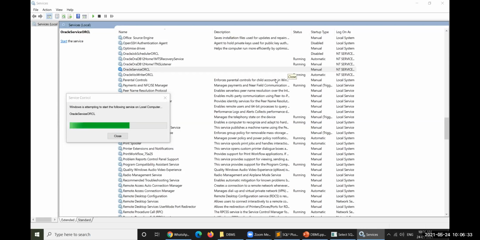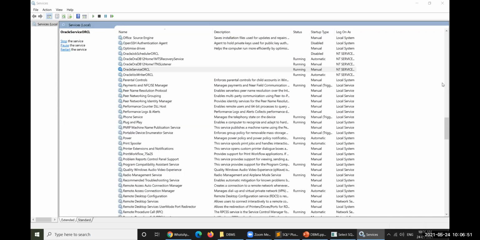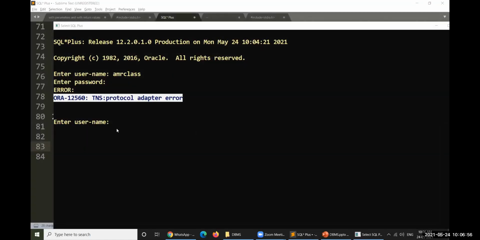In real time, it is different: those services are always in running mode because many people are continuously communicating with the Oracle server or SQL, so it must be required to access continuously.